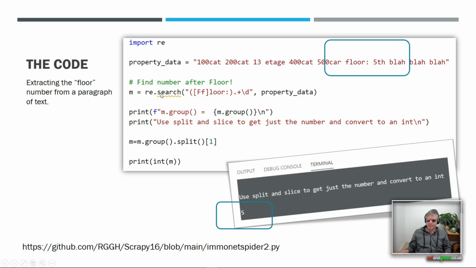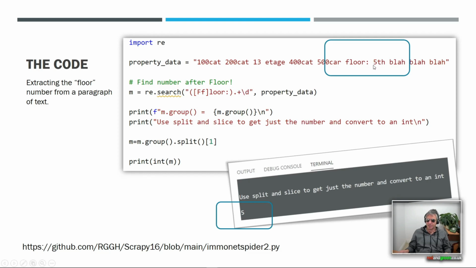So re.search, and I'm searching for the word floor. In the official version, I'm searching for etage or etagen, but F or lowercase f, so a choice of, it's not case sensitive. And then I'm searching for that, followed by one or more of the characters, followed by the \D, which is a digit.